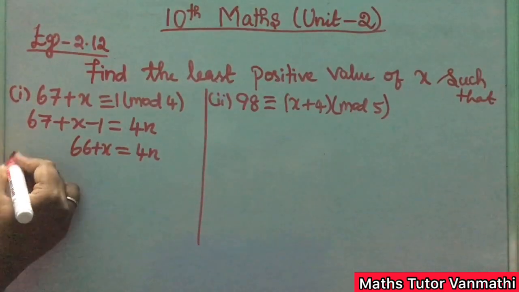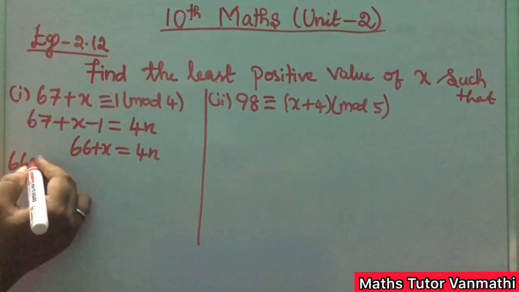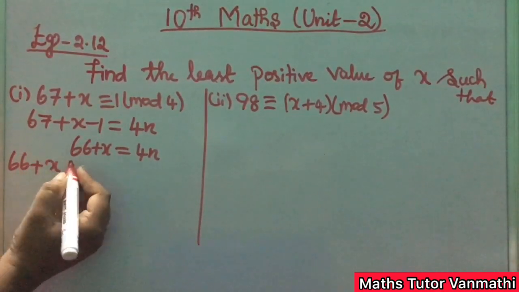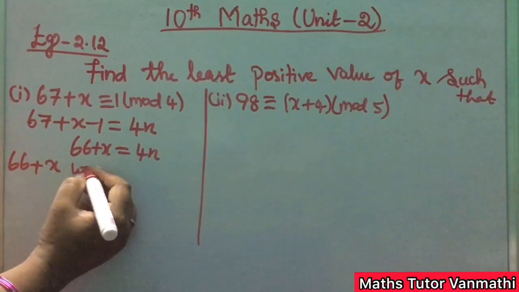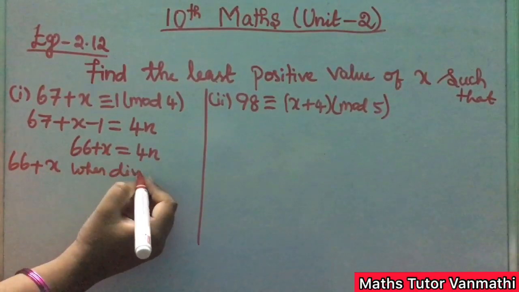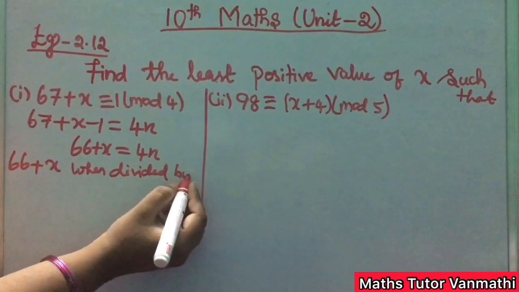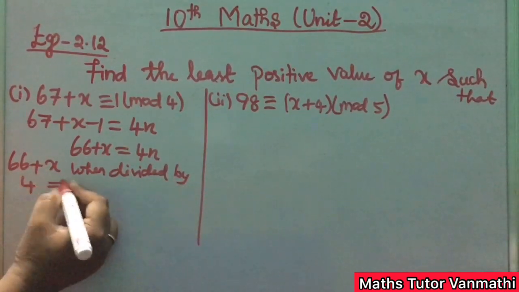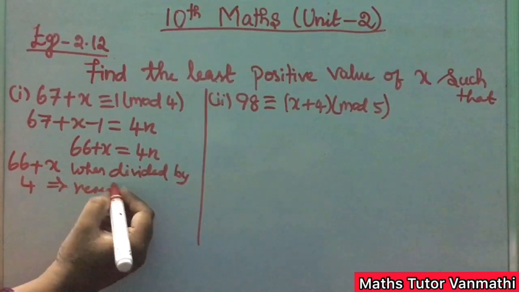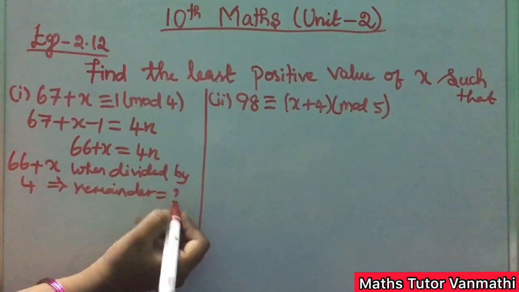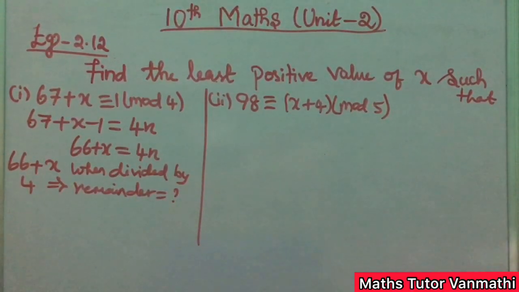That is 66 plus x when divided by 4, what will be your remainder? We have to find the remainder.